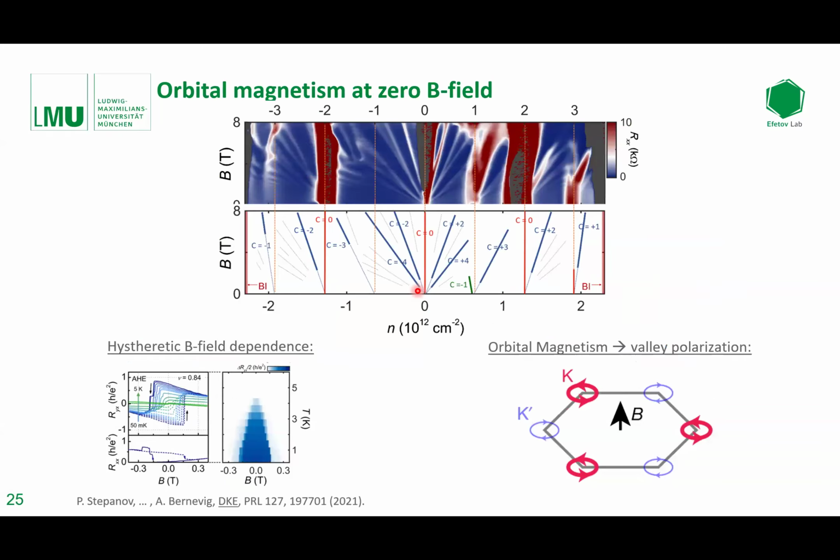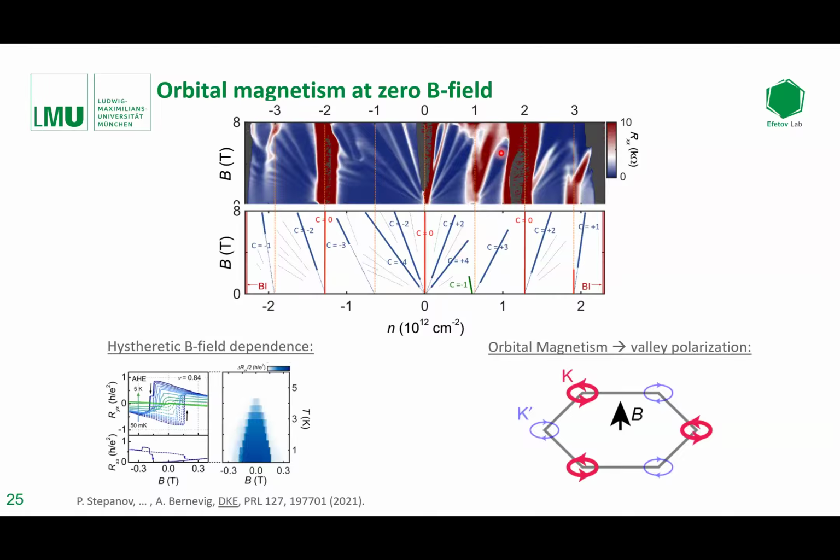Another clue is that some of these states, as I mentioned earlier, can be traced to zero magnetic field, where they can exist as zero field Chern insulators. And you can see it here.